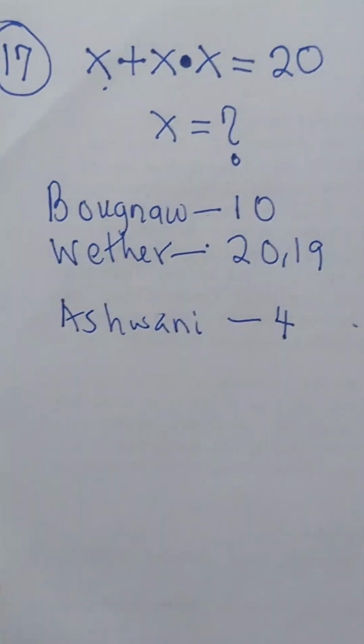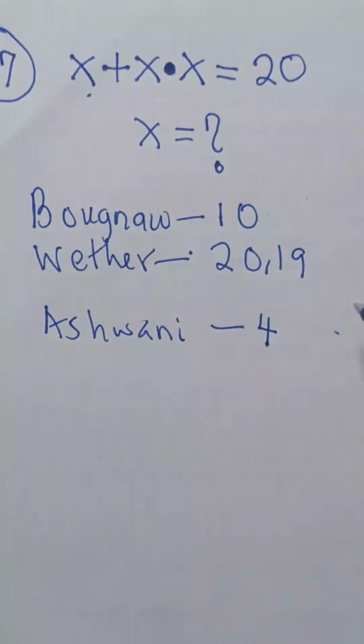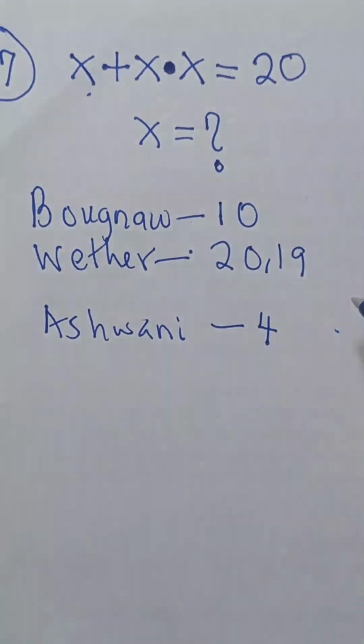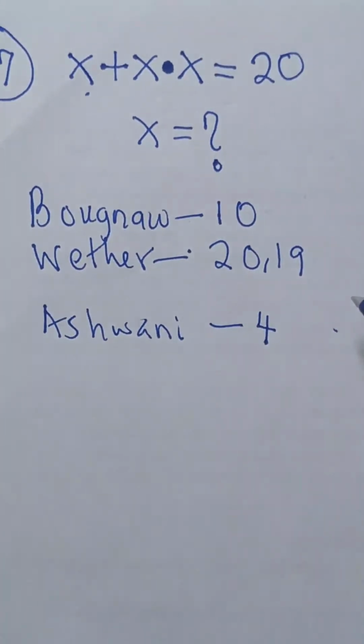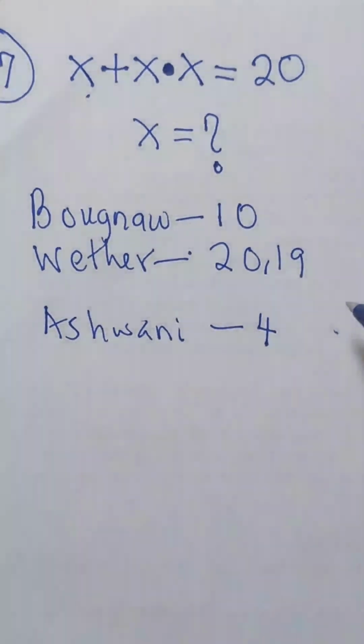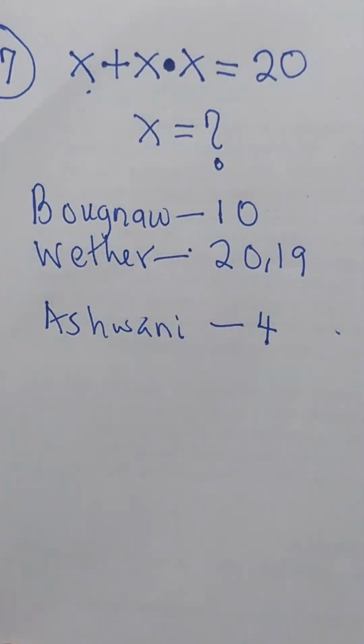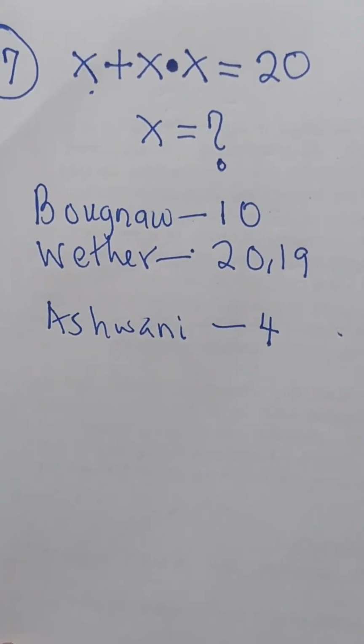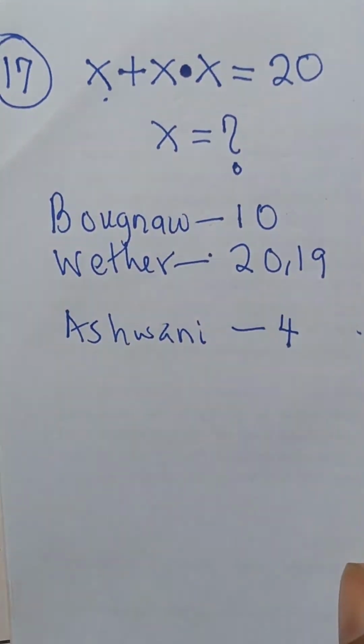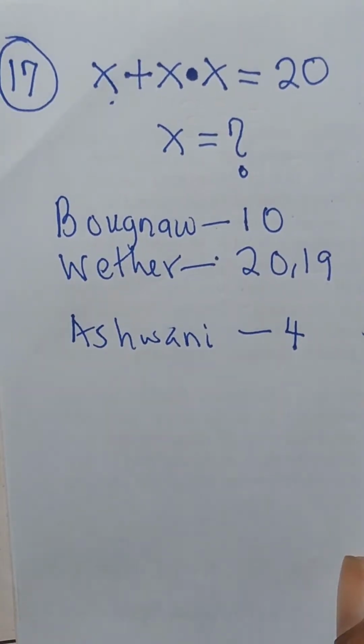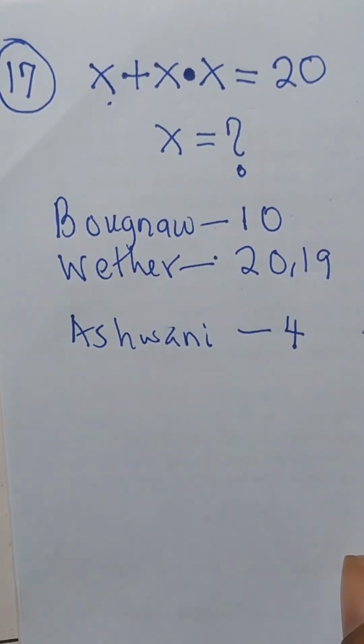Okay, so the question is x plus x multiplied by x equal to 20. Okay, so we need more answers, please. More answers, please. We need more answers.